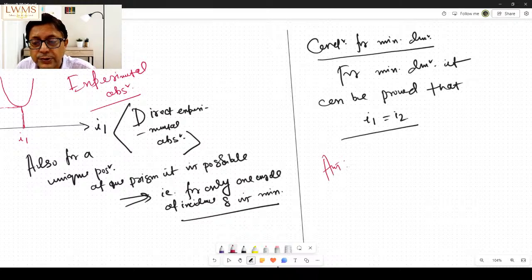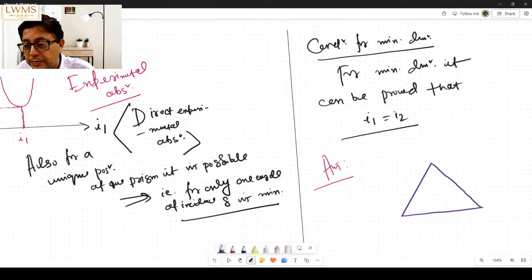Answer. Draw the same diagram which you have done earlier, showing the angle of deviation clearly. Take one incident ray. This is refracted ray, and this one emergent ray. Clear?